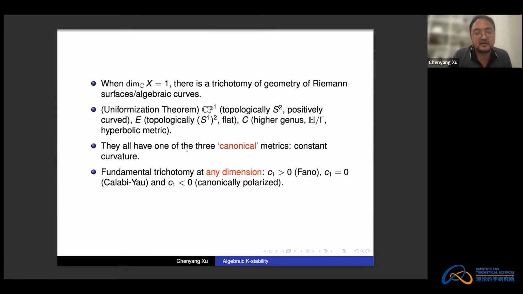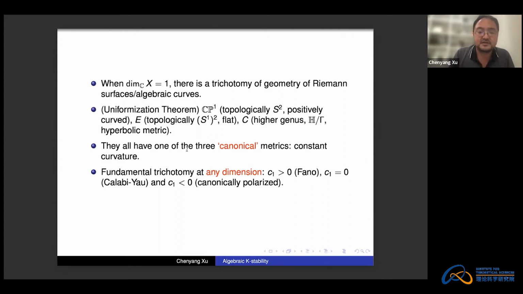In the first case, it's a two-dimensional sphere, so it has a metric with curvature 1. The second one is flat, so it has a metric with curvature 0.